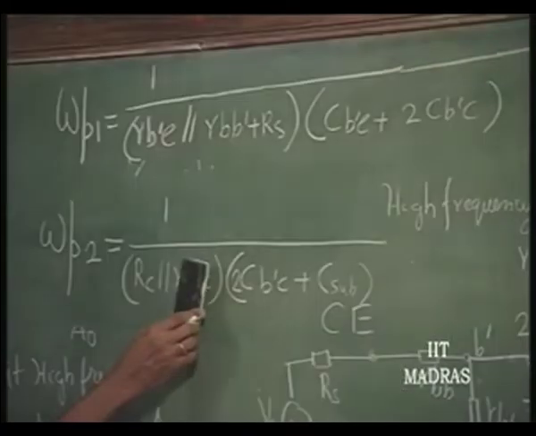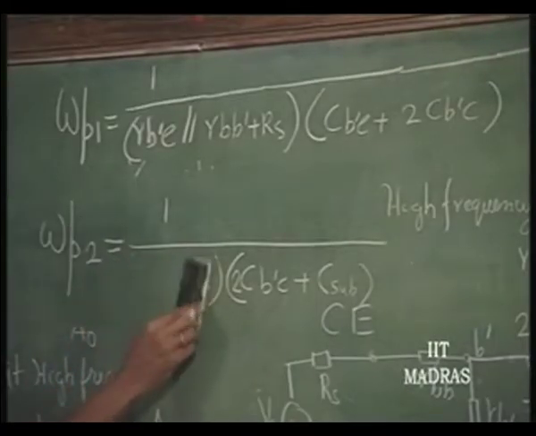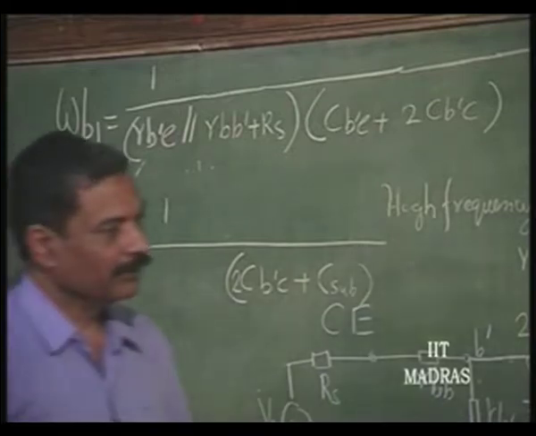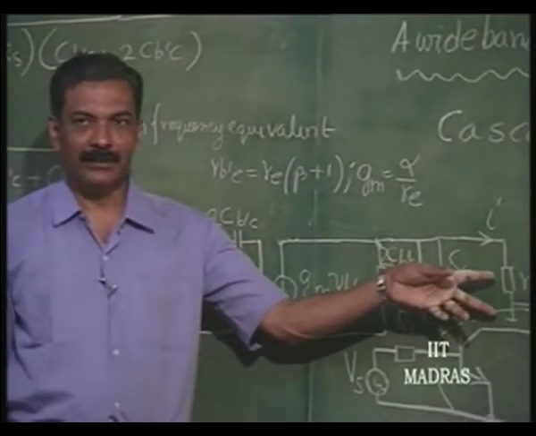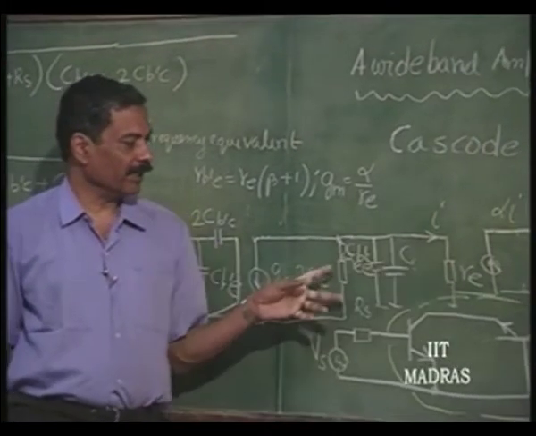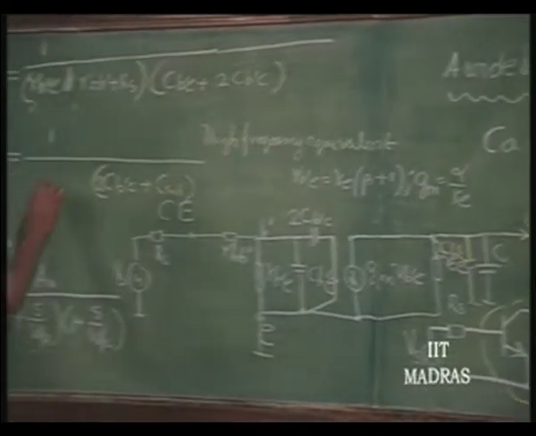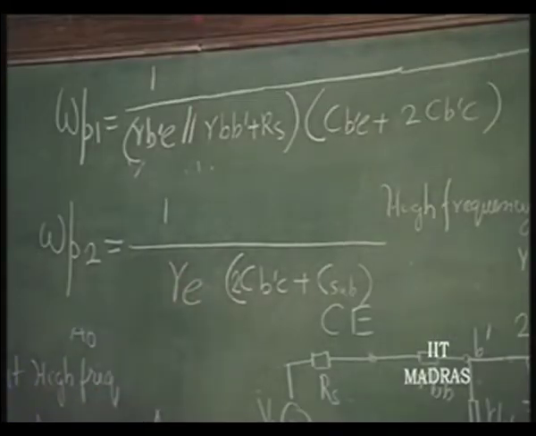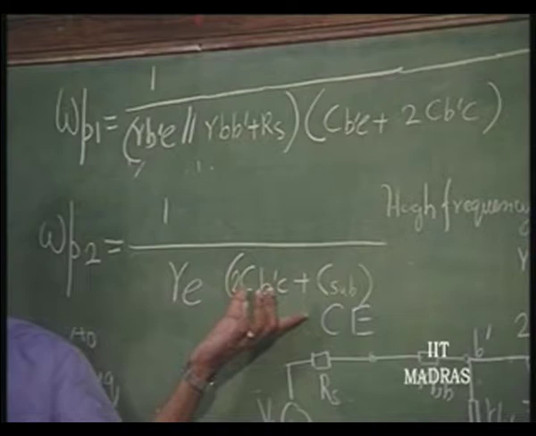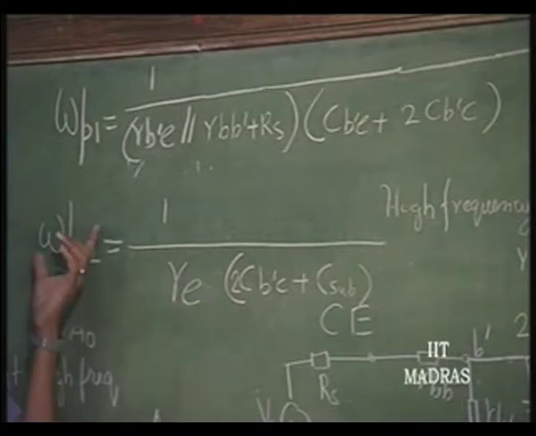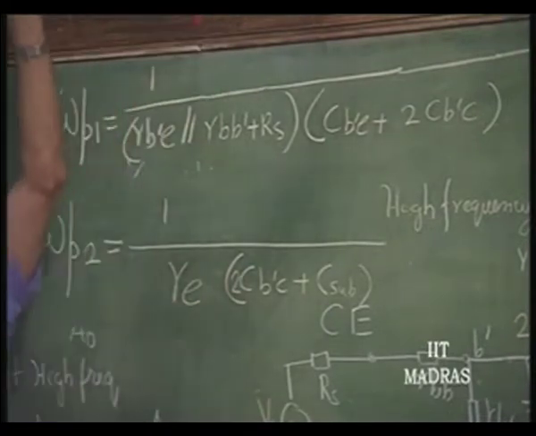And as far as omega P2 is concerned now, the resistive part is no longer RC parallel RC, it is RE parallel RC, okay, which is RE itself very nearly. So, you can see, not only this capacitance is low, now this particular resistance part is very low. Therefore, this frequency is shifted to very high frequency end.